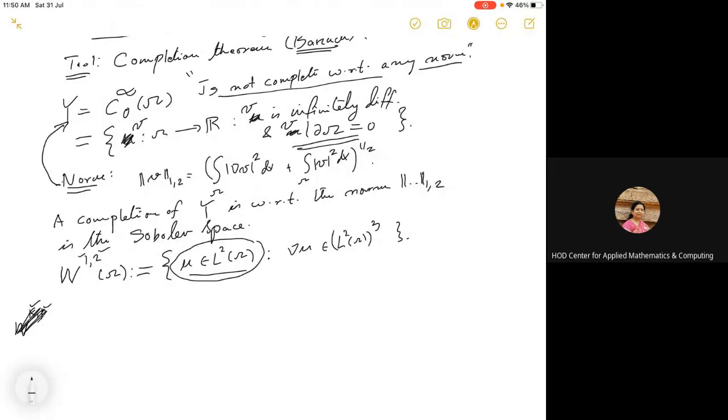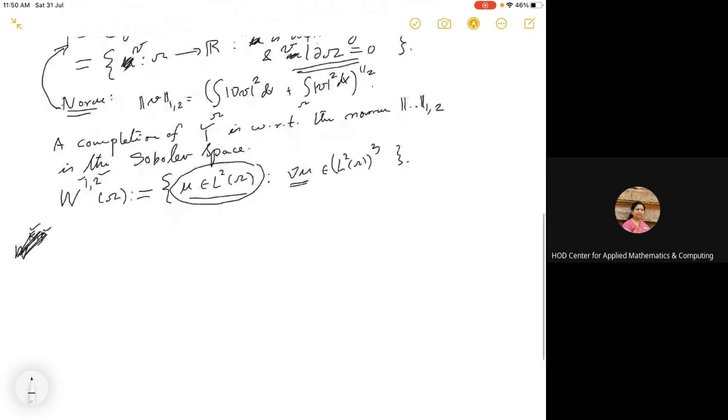So how am I even thinking of talking about the gradient of a function in L2 space? And this is when the notion of weak derivatives was coined.